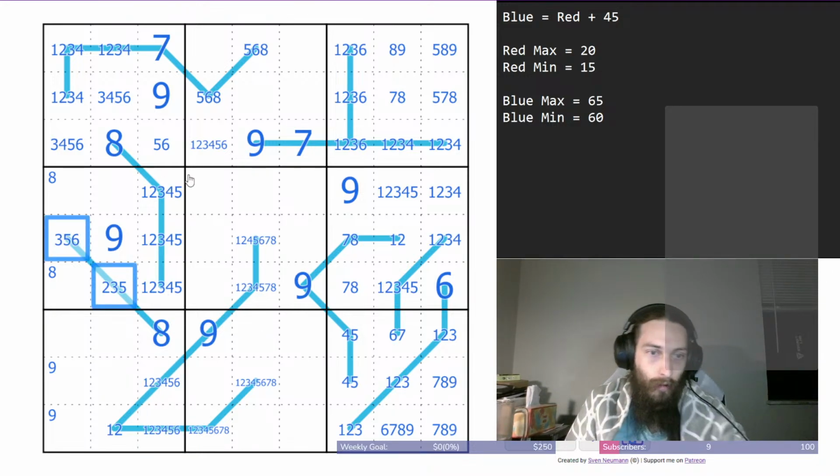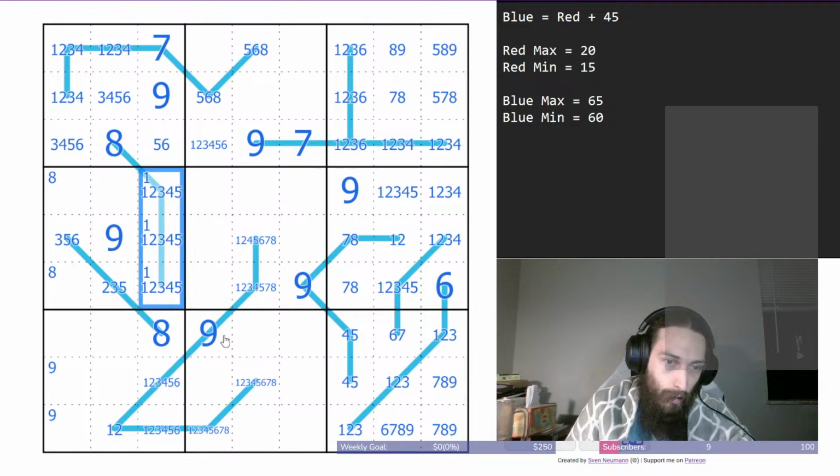This can't be 1 or 7, because 8 has to have a 1 on it. So the 1 comes off for down below for the 9. But it could still be 1, 2, 6.